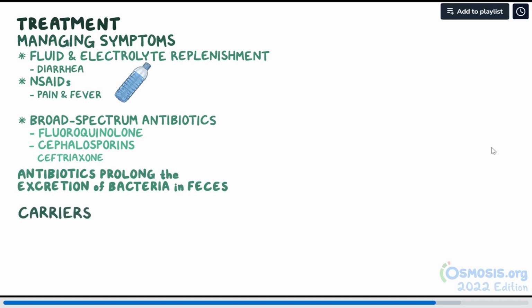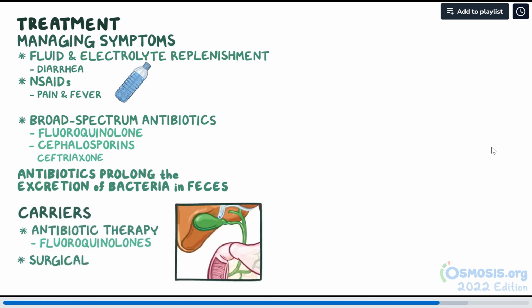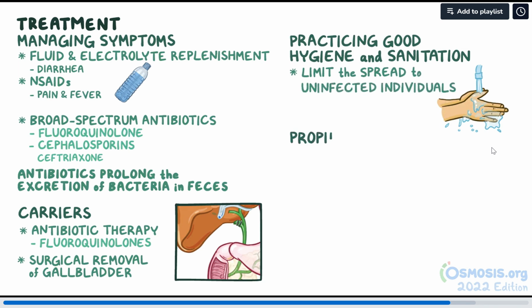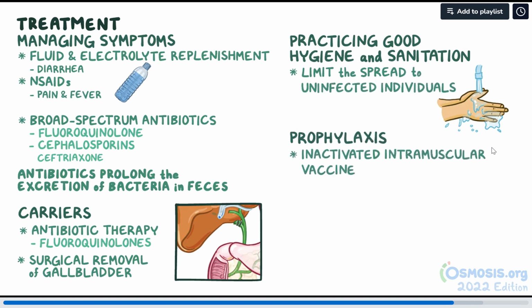For carriers, a combination of antibiotic therapy with fluoroquinolones and surgical removal of the gallbladder is the most effective form of treatment. Finally, an important part of treatment is practicing good hygiene and sanitation to limit the spread to uninfected individuals. Prophylaxis is available in the form of an inactivated intramuscular vaccine containing the Vi capsular polysaccharide, or a live oral vaccine.